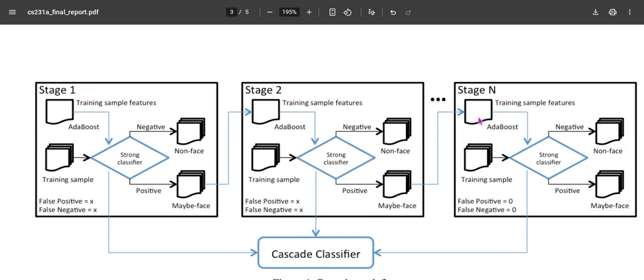So it is more efficient for real-time computation. These are the main key attributes of this algorithm.